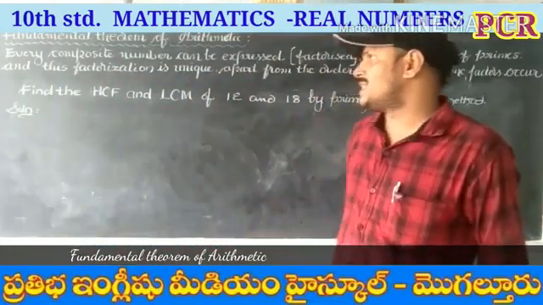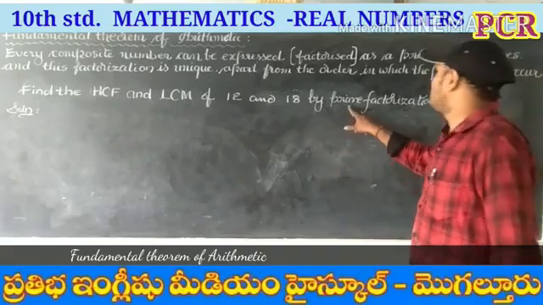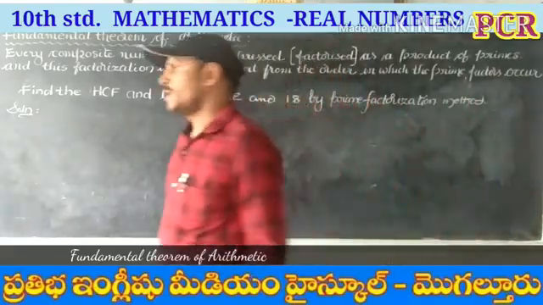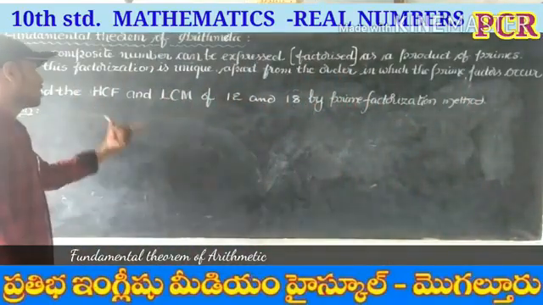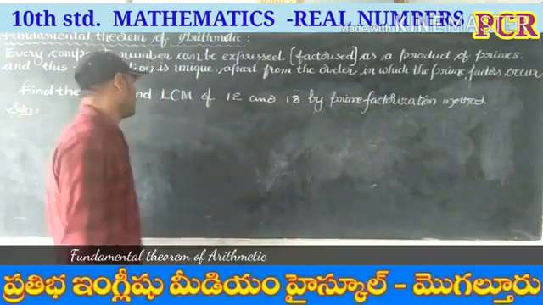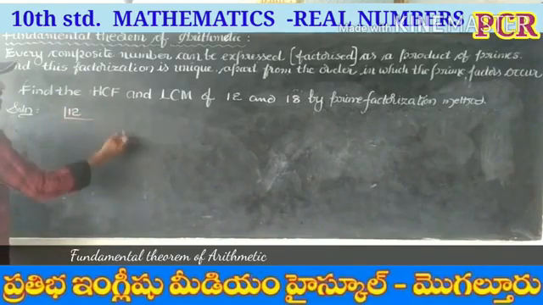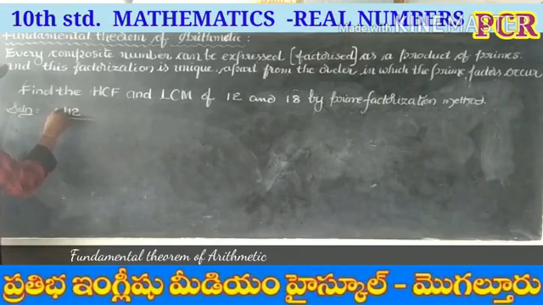Now let's find the HCF and LCM of two numbers by using the prime factorization method. The HCF and LCM of 12 and 18. First write the prime factorization of 12. First prime number 2. How many times?